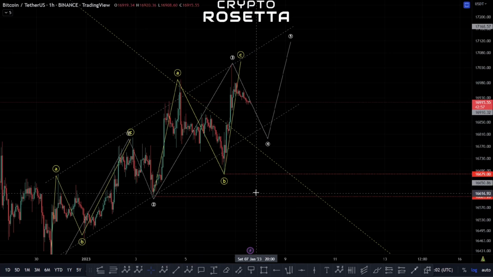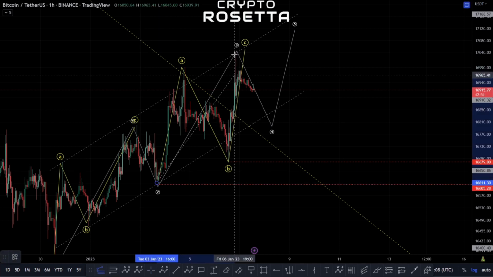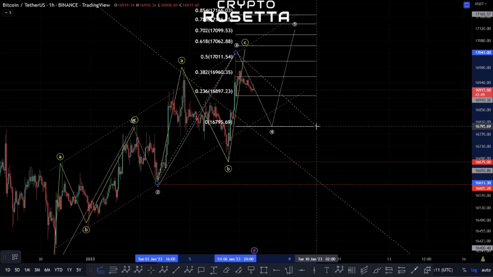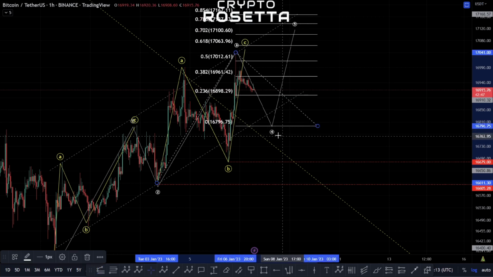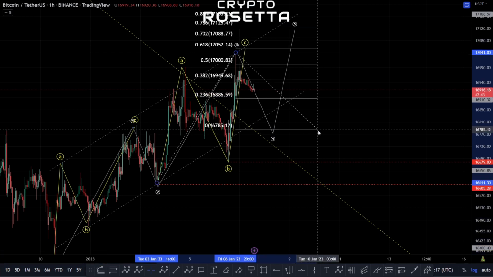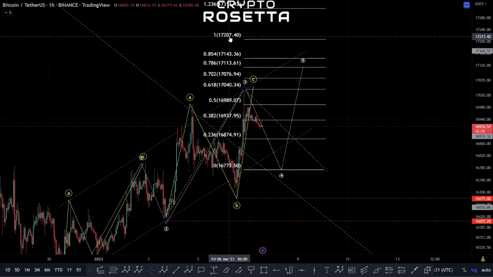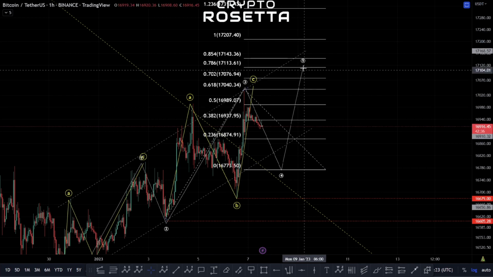So this would be looking for this as a 1, 2, 3, 4, looking for that as a zigzag, and then looking for another 3-wave move to the upside and a 5th wave. So if this is a contracting diagonal and this wave 3 is completed here, it depends exactly where this 4th wave comes down to, but if we just line it up with these previous highs here, for instance, so this is just a bit of guesswork within this. We wouldn't want this to come past this 17,207 with this 5th wave.